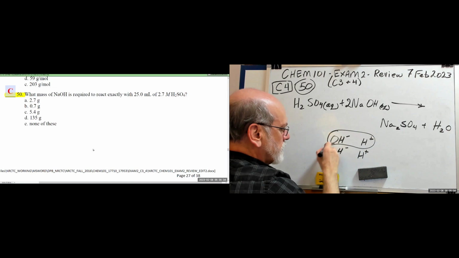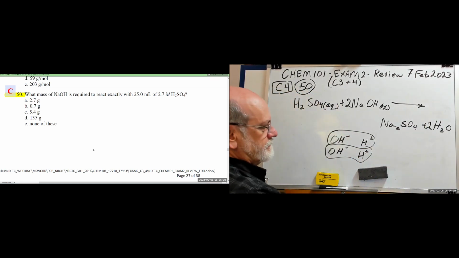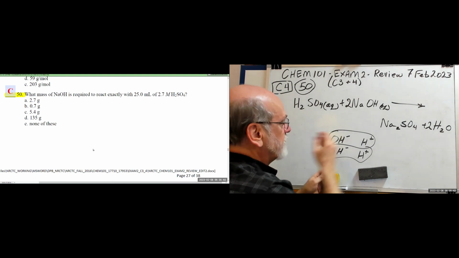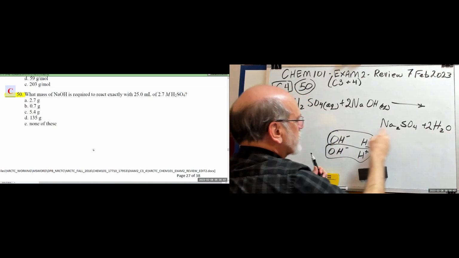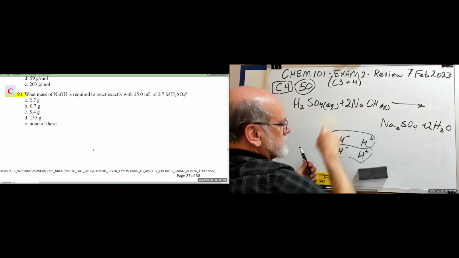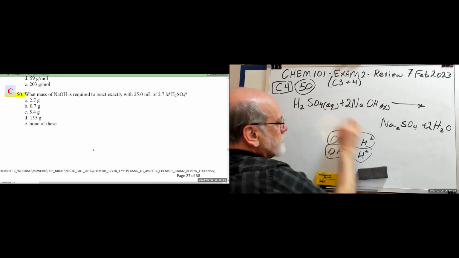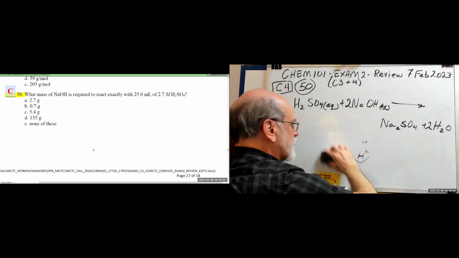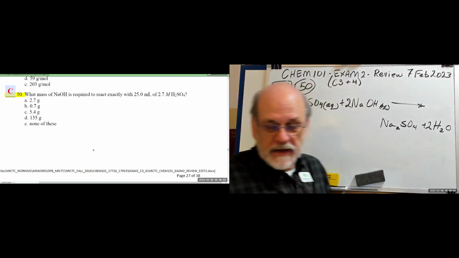There's one water, there's the other water. So we need 2 waters. And that should be balanced. Right? 2 hydrogens, 4 hydrogens, 4 hydrogens. 2 oxygens, 2 oxygens. That doesn't count these oxygens. 1 sulfate, and 2 sodiums. That is a balanced equation. Now we can do the stoichiometry.